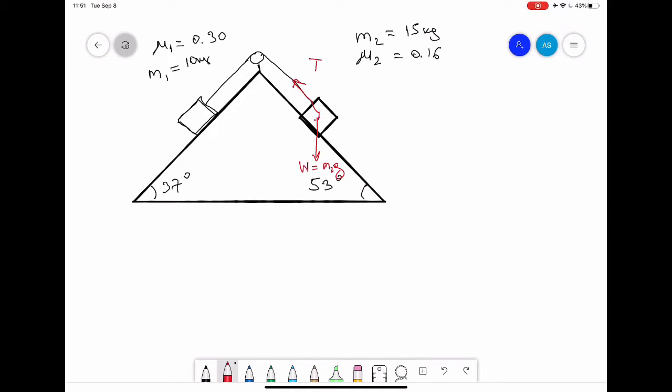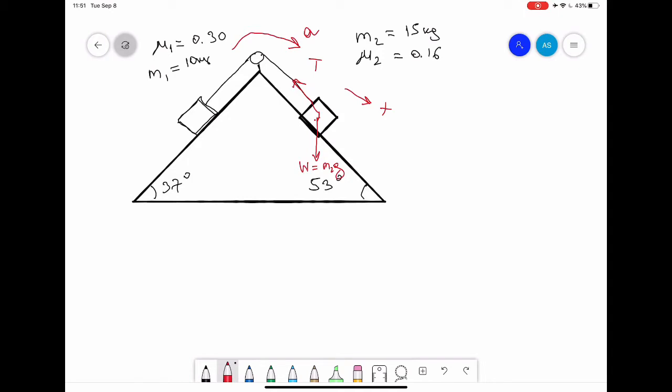Now by looking at this picture, we assume that the right side has more mass, 15 kilogram, and plus it has less friction. So we assume that the whole system will be moving in the clockwise direction. So we assume that acceleration will be pointing in this direction, and whatever is in this direction, we will call positive. Okay.